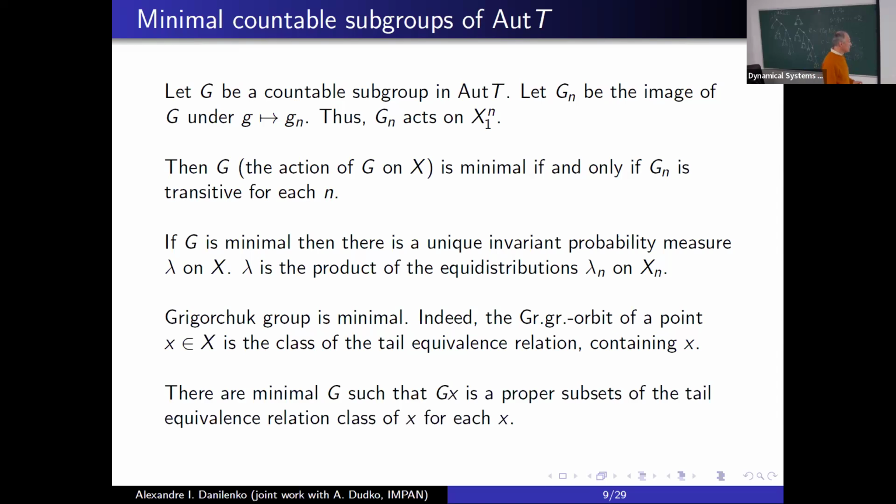But there are, of course, minimal groups G such that Gx is a proper subset of the tail equivalence class of each X. For instance, here is a very simple example.